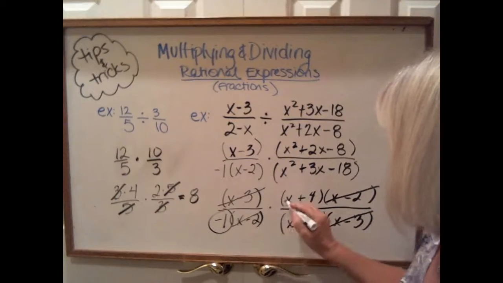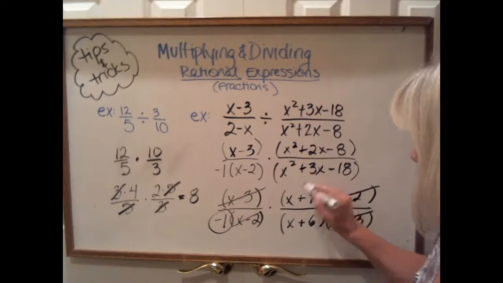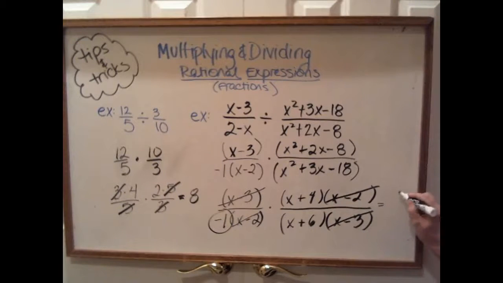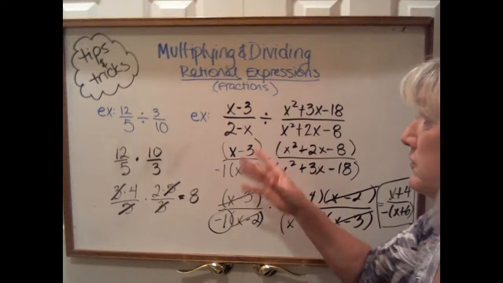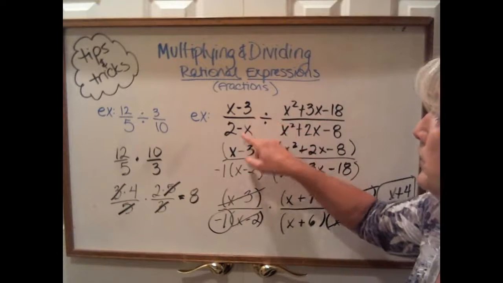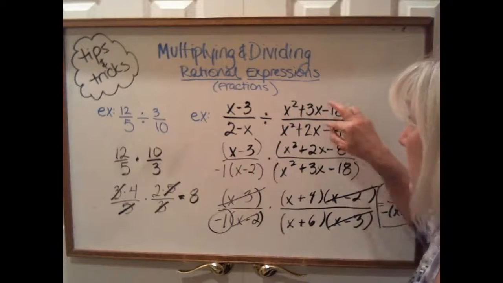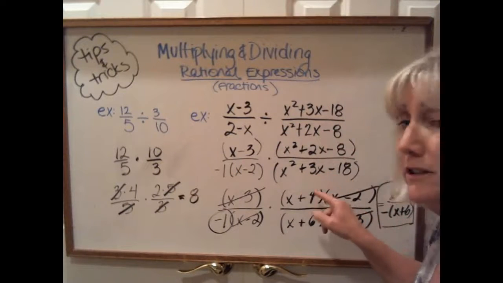So our final answer will be just what's left here, which will be, and I hope you can see this, x plus 4 divided by the opposite of x plus 6. And that would be your final answer. So there were all sorts of tricks in here. Remember to factor out the negative 1 here. We want to flip this over. We want to factor.